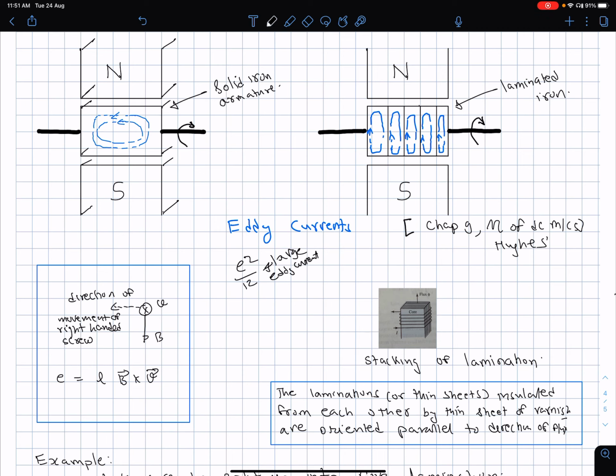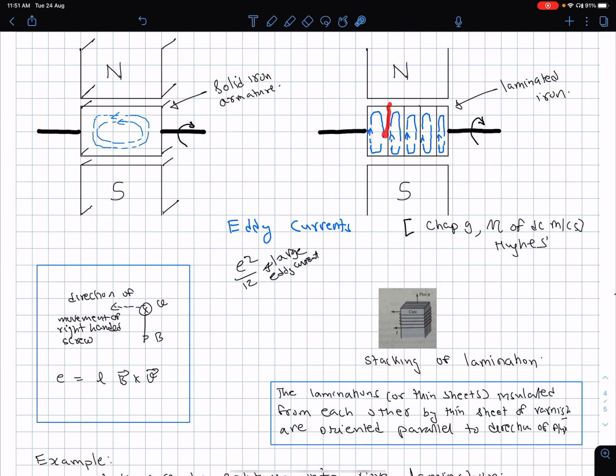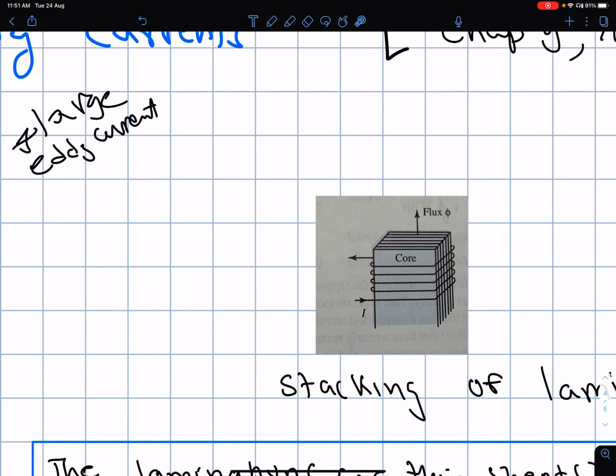Now to cut it down, what we do is we laminate the core. I have split it into 5 laminations. Look at this picture more carefully. This is the flux direction, and this picture I have taken from Electrical Engineering by Mulukutla Sarma. This is the flux axis.